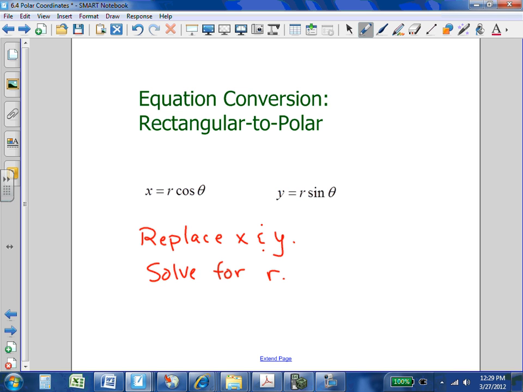You know how with a rectangular we always solve for y, or a lot of times we do solve for y? Well, in a rectangular conversion into polar, that polar equation, you want to say it's r equals something. So those are the two basic steps that we're going to be taking here in the next two examples.